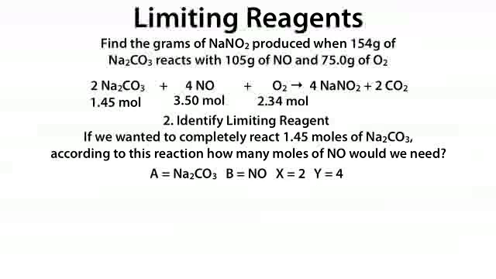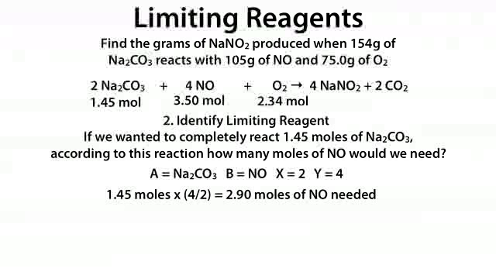We have Na2CO3, we're looking for NO, the coefficient in front of Na2CO3 is 2, the coefficient in front of NO is 4, so we simply multiply 1.45 moles of Na2CO3 by y over x, or 4 over 2, to give 2.90 moles of NO. So we would need 2.90 moles of NO to completely react 1.45 moles of Na2CO3.